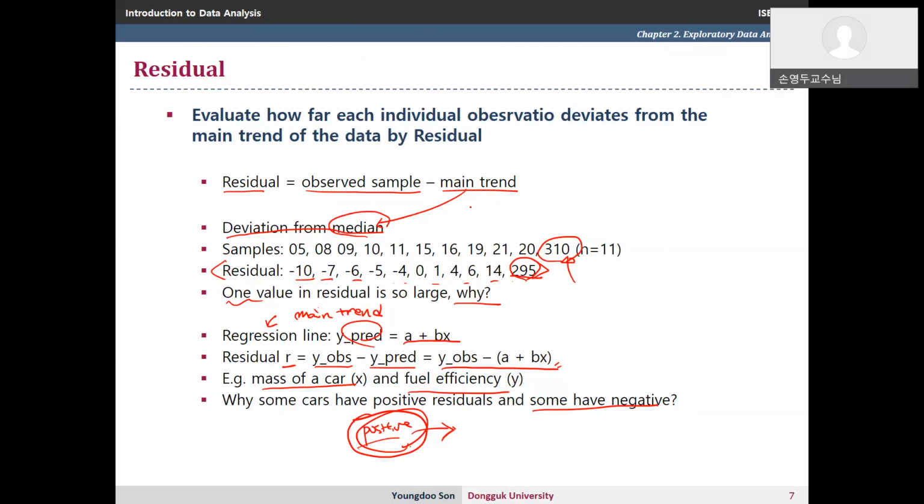So observing these residuals helps us to understand the characteristics of the data so that we can find the other patterns that we couldn't see before.